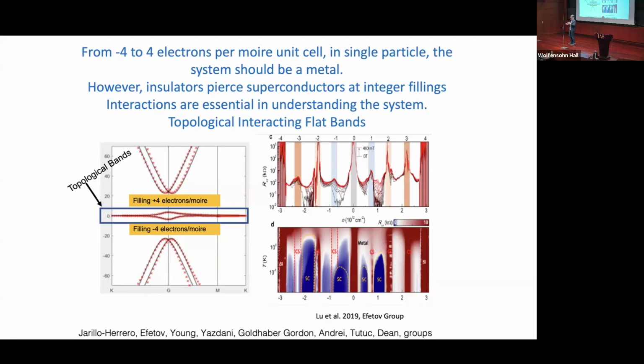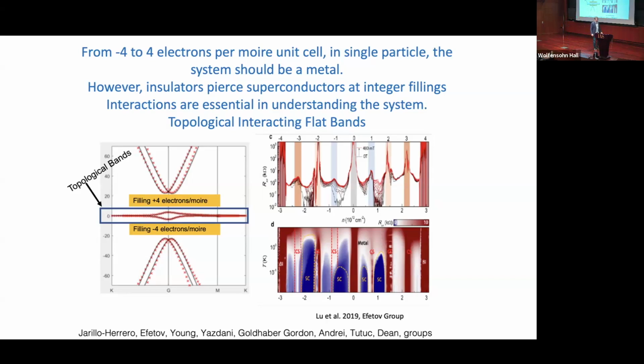And for each of them, you have 2 bands, because you had a Dirac point at every K point, and that's 2 bands which connect from K moiré. This is K moiré. All of these axes now are the moiré momenta, so much shrunk from the original momenta. And you can fill them from -4 to 4 electrons.